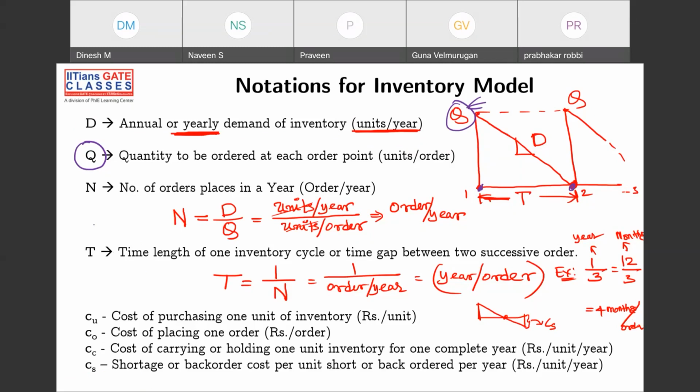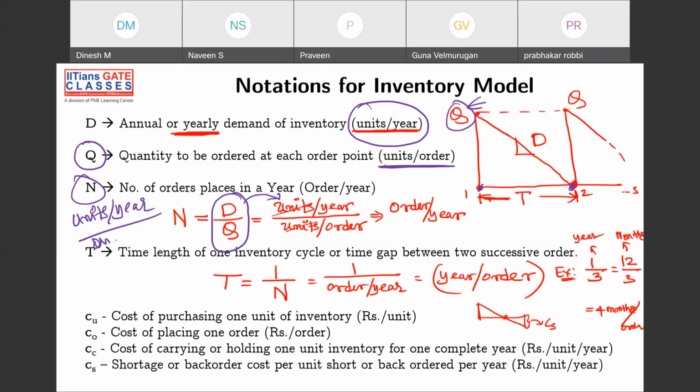Now, number of orders in a year. How many orders are you going to place in a year? It's given by D by Q. Sir, why is that D by Q? See, D is units per year, and Q is units per order. How many units you are ordering per order?